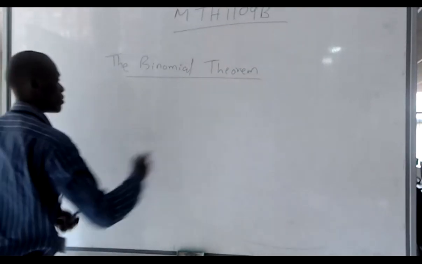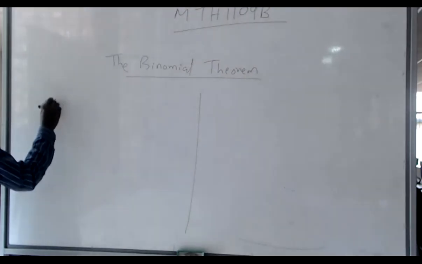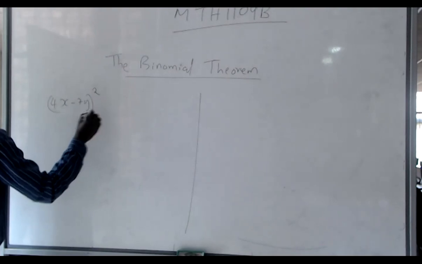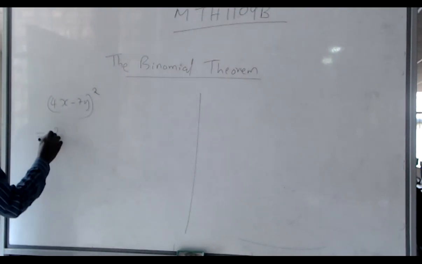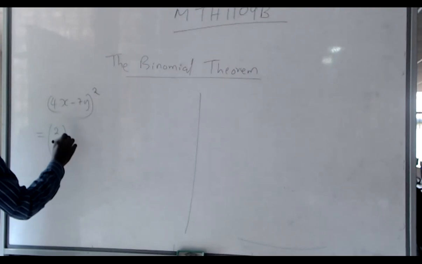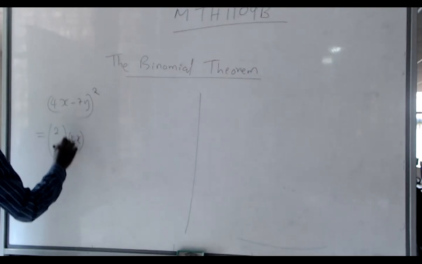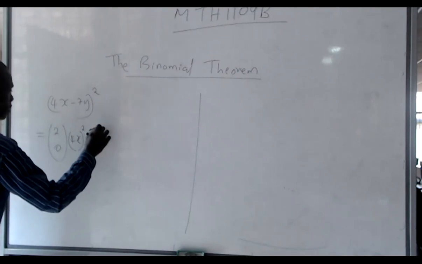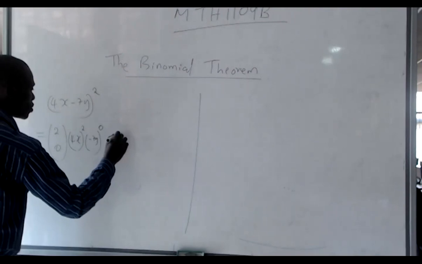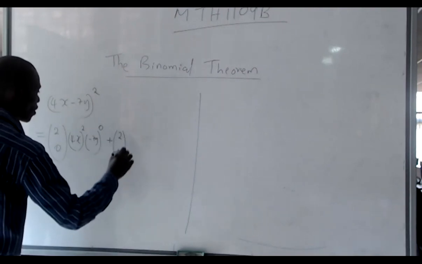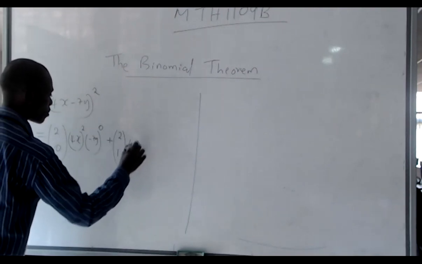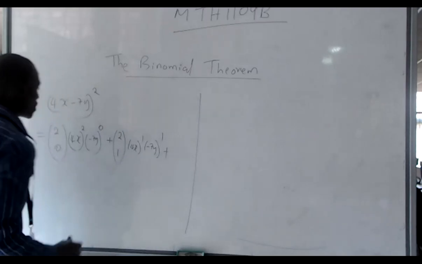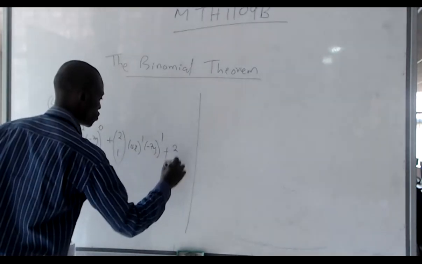So what you will have is that (4x − 7y)² should be 2 combination 0 multiplied by (4x)², and then (−7y) raised to 0, plus 2 combination 1 multiplied by (4x) to the power 1, then (−7y) to the power 1, plus 2 combination 2.